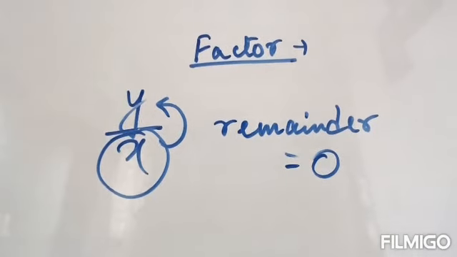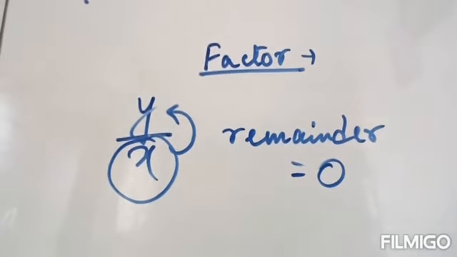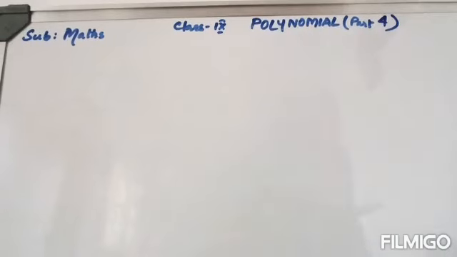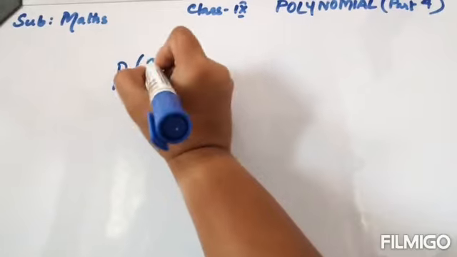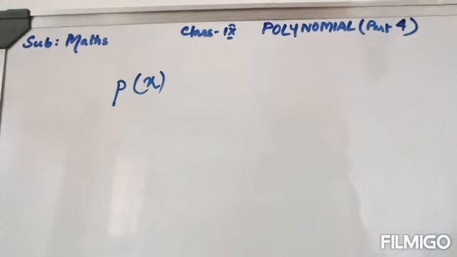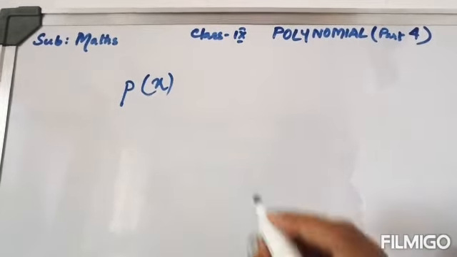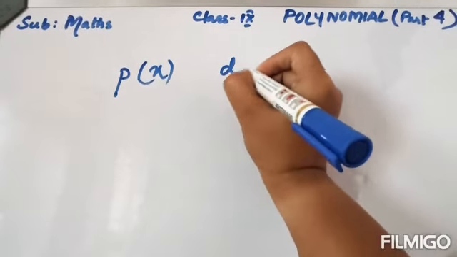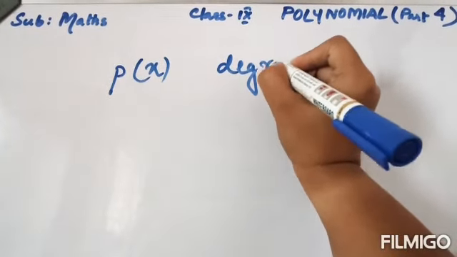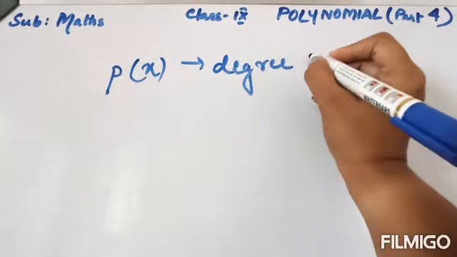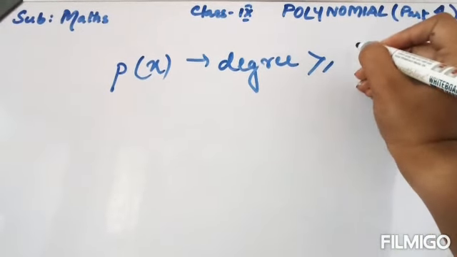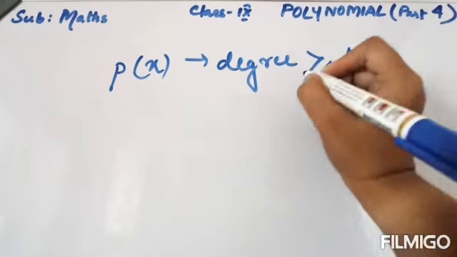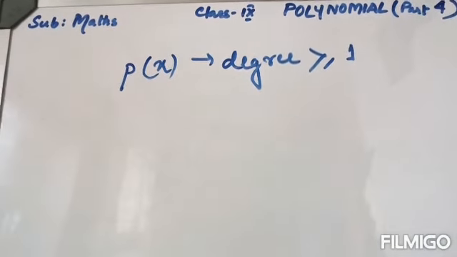Getting confused? Okay, let's make it a little simpler. Suppose I have a polynomial p(x), a function of x, and the degree of this polynomial is greater than or equal to 1.